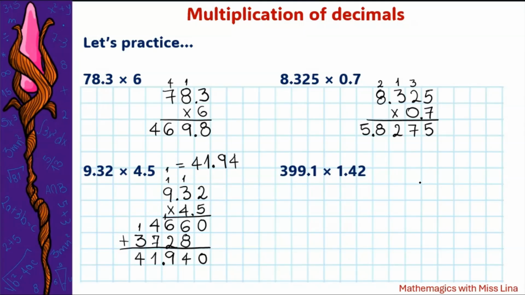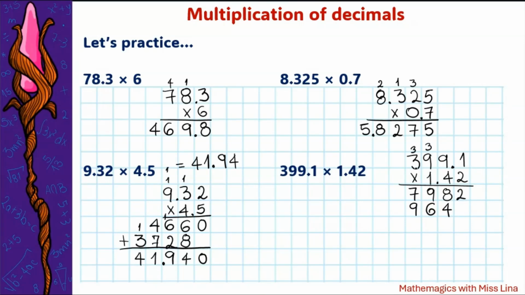Okay? And last one, I'm going to put it here, so I'm going to have space enough. 399.1 times 1.42. Remember, we can do it just normally. 2 times 1 is 2. 2 times 9, 18. 2 times 9, 18, plus 1 is 19. 2 times 3 is 6, plus 1 is 7. 4 times 1 is 4. 4 times 9 is 36. We carry the 3. 4 times 9 is 36, plus 3 is 39.